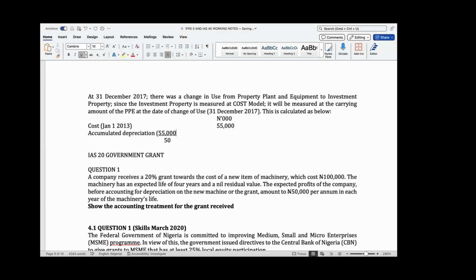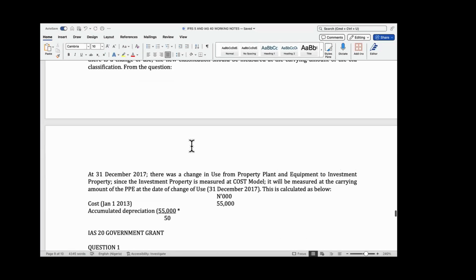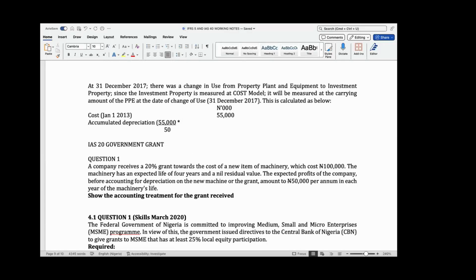Times how many years? 2013 to 2017, 5 years.